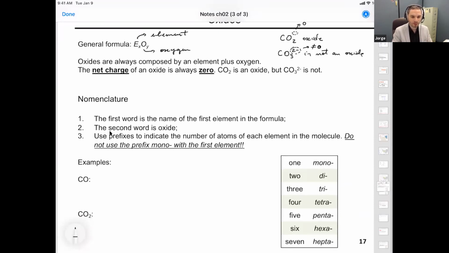For example, when we combine carbon and oxygen, we can have one carbon to one oxygen or one carbon to two oxygens. So we need to differentiate between those two combinations. And that's why we are going to use the prefixes to indicate the number of atoms in the formula.